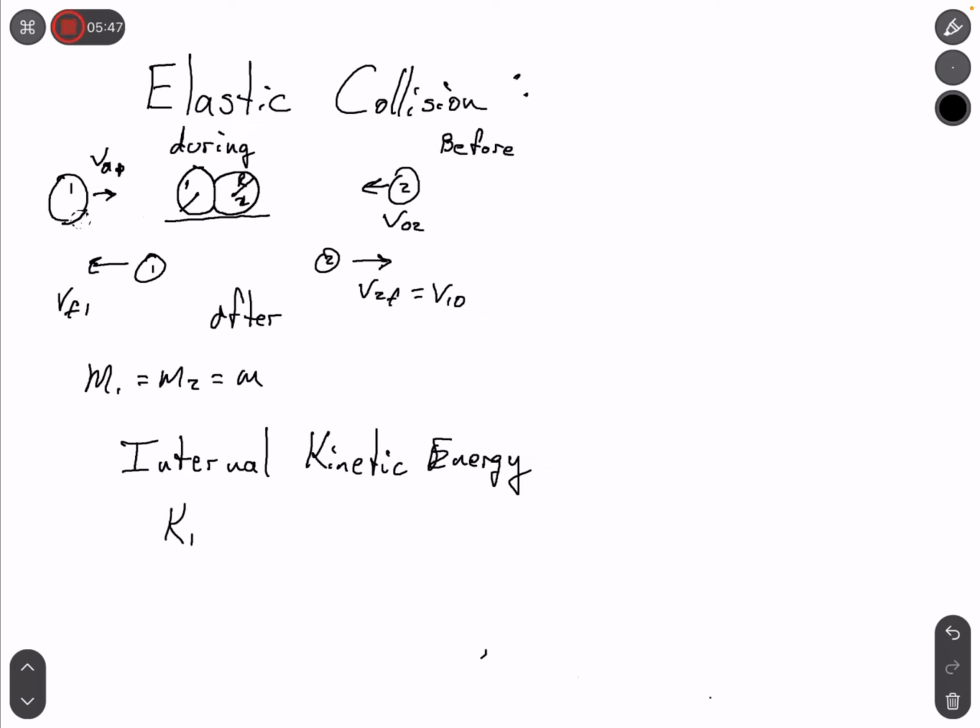So that's the kinetic energy of mass 1 plus the kinetic energy of mass 2.